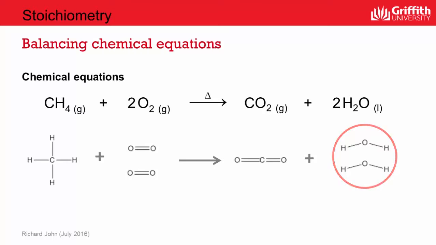We can easily track where the atoms are going. We can see on the left-hand side we've got 1 carbon atom that's tied up in the methane molecule, and on the right-hand side we've also got 1 carbon atom that's tied up in the carbon dioxide molecule.